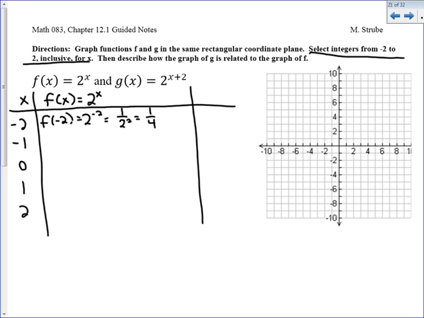So if I'm going to write this as a point, because I do plot points, -2, 1/4. And then again, evaluate f of -1. 2 to the -1st power gives me 1 over 2 to the 1st power, which is just 1/2. I guess work on the other point.